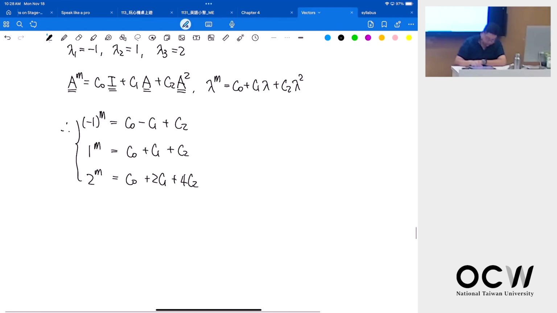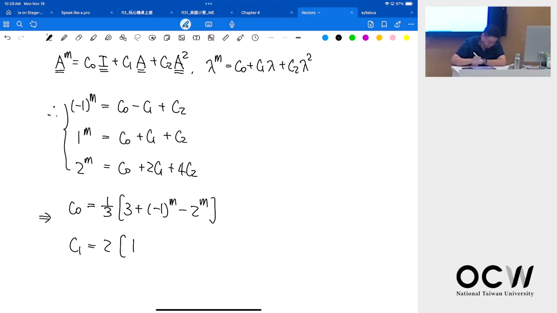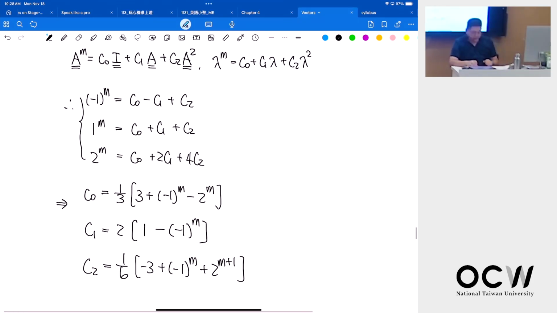Therefore, you can get C naught, C1, and C2.